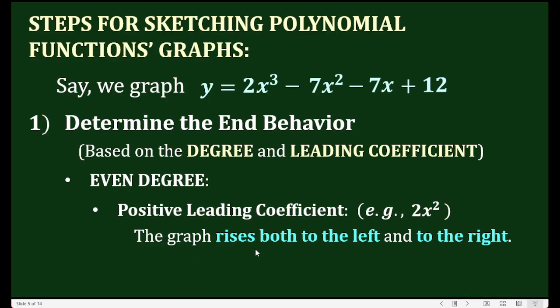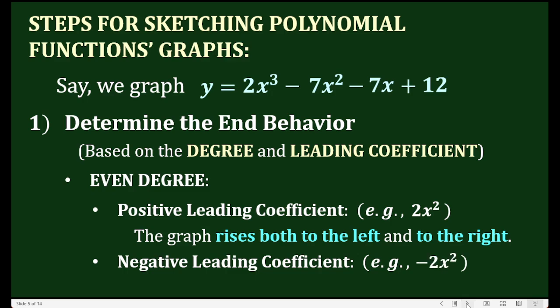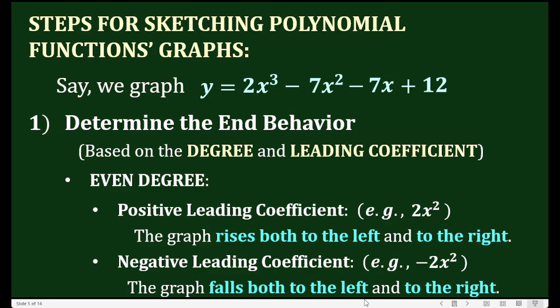The graph rises both to the left and to the right. And let us have the last possibility: a negative leading coefficient with an even degree. So the end behavior is the other way around. The graph falls both to the left and to the right.